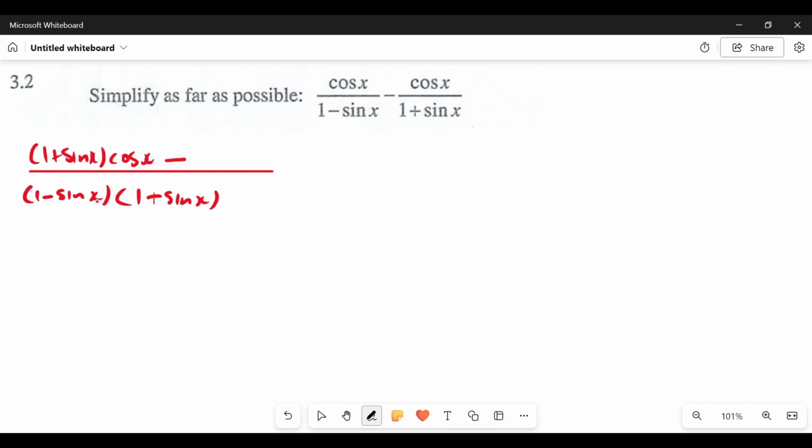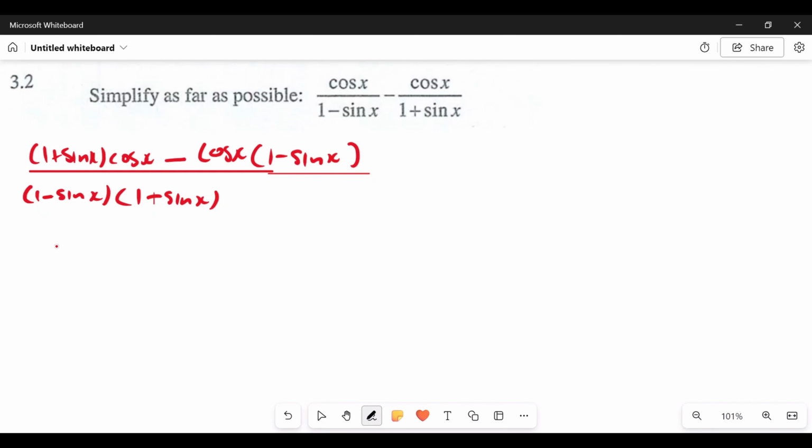We divide the LCD by the denominator of the second term, which is 1 plus sine x. So we're going to have 1 plus sine x giving you 1, multiplied by 1 minus sine x multiplied by cos x. So this is going to give us cos x multiplied by 1 minus sine x. There we go.